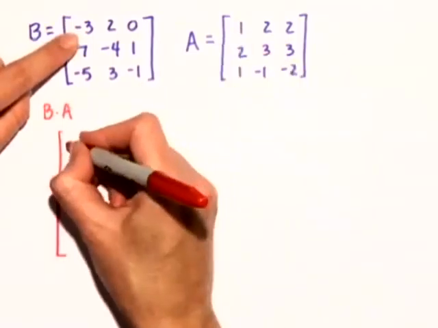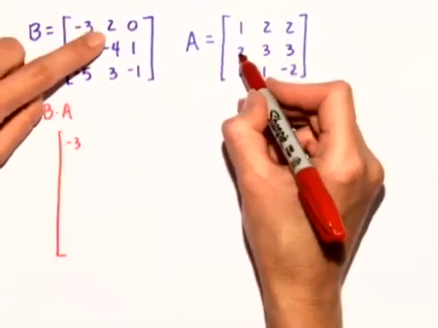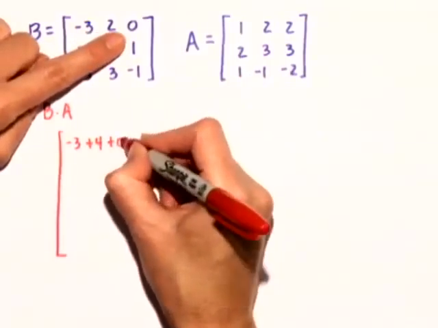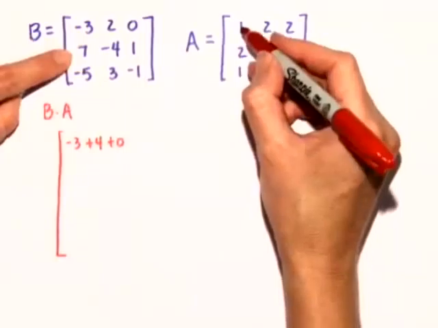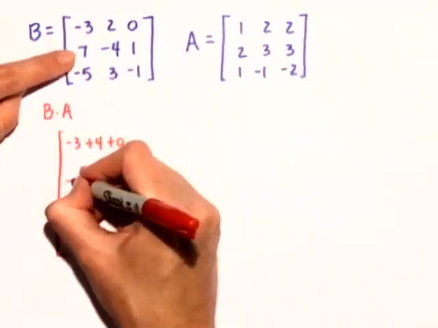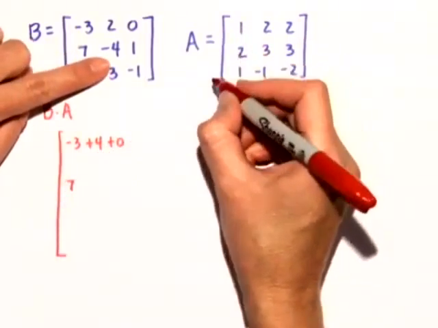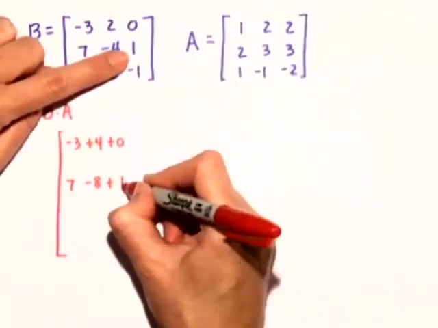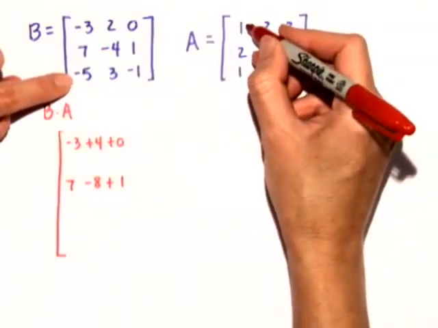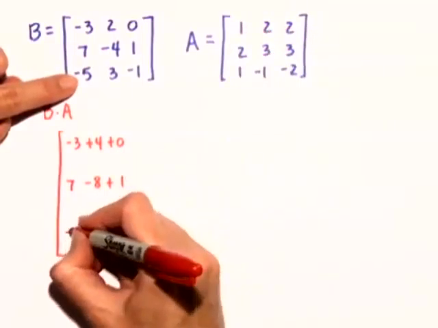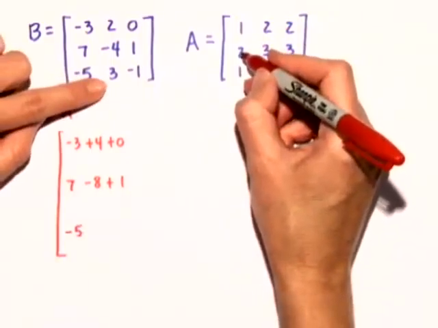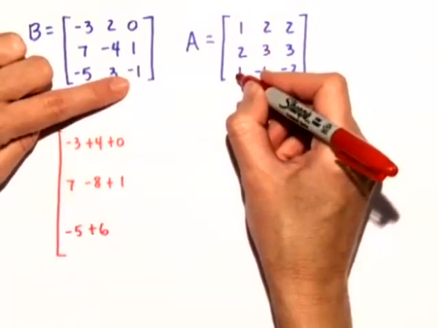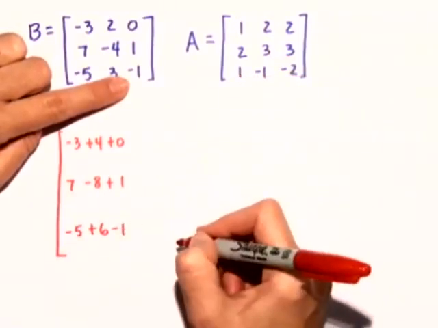Negative 3 times 1 is negative 3, plus 2 times 2 is 4, plus 0 times 1 is 0. Row 2 times column 1, 7 times 1 is 7, plus negative 4 times 2 is negative 8, plus 1 times 1 is 1. Row 3, column 1, negative 5 times 1 is negative 5, plus 3 times 2 is 6, plus negative 1 times 1 is minus 1.